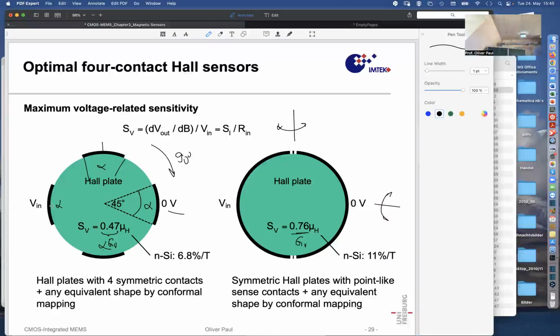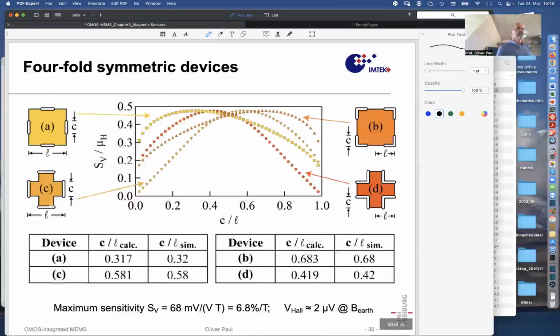Nobody. But everyone does squares with contacts either in the center of the sides or in the corners, or crosses with contacts either on the ends of the branches or in the inner parts, the convex parts of the cross. That is how sensors are designed in reality.